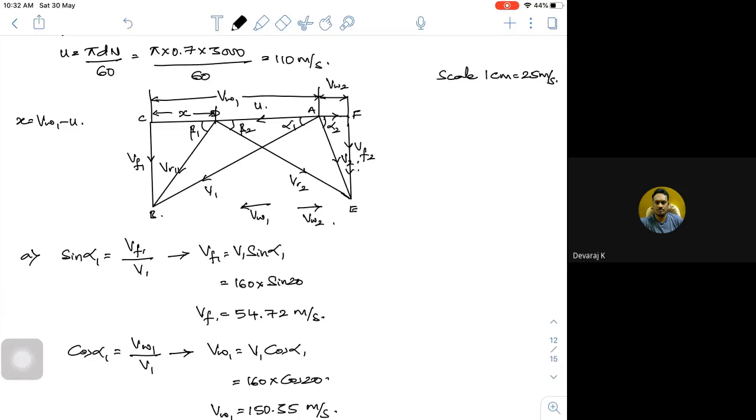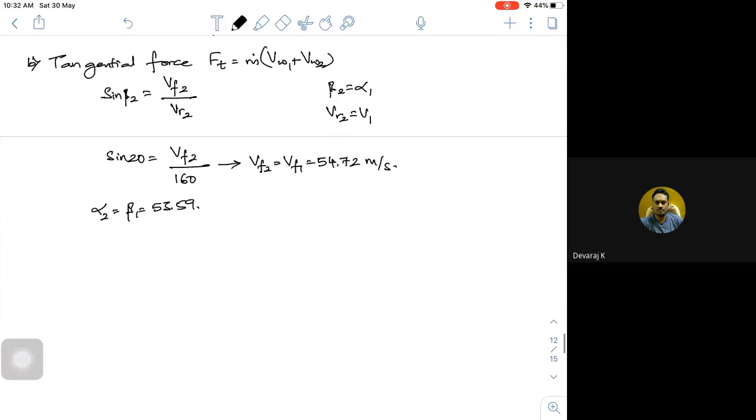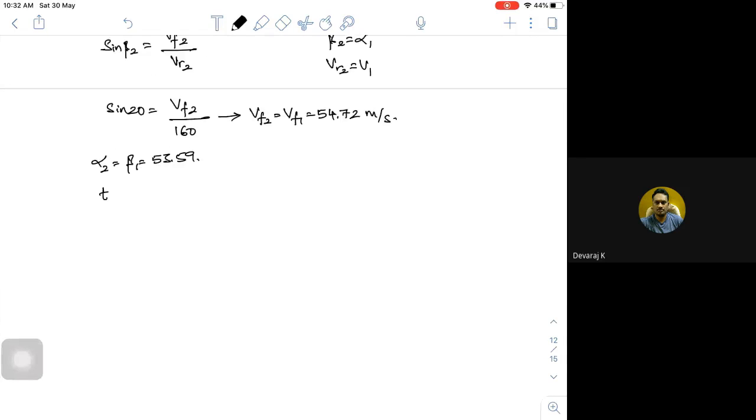So tan alpha 2 is equal to VF2 divided by VW2, or VW2 is equal to VF2 divided by tan alpha 2, where alpha 2 is equal to beta 1. What is my VF2?